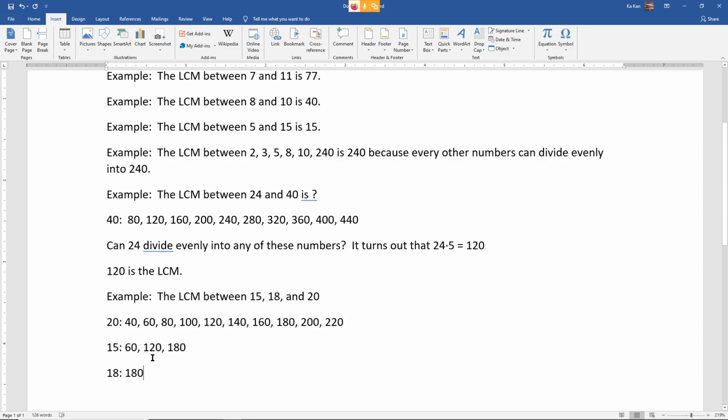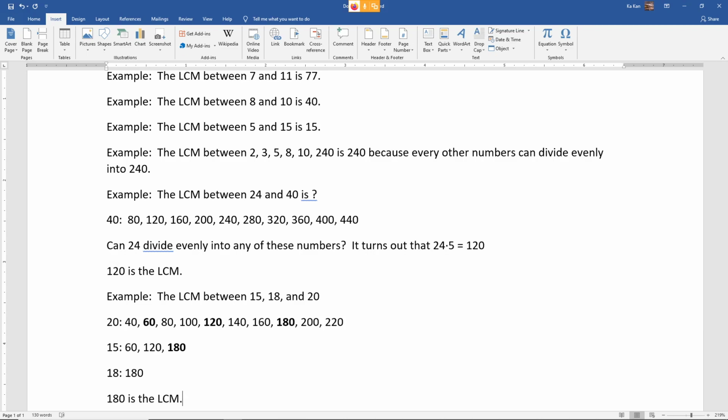And just divide these guys by 18, because after all, you're looking for a number that all 3 can go into. So all the other numbers got cut already. So only this guy, and this guy matters. Right? And then it turns out 15 go into those 3. 18 can only go to this last one here. So 180 is the LCM.